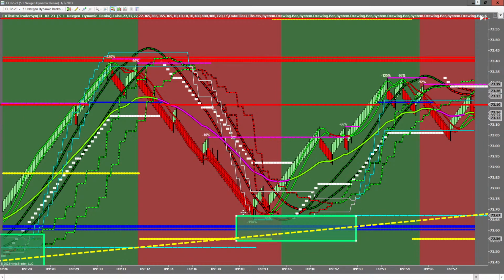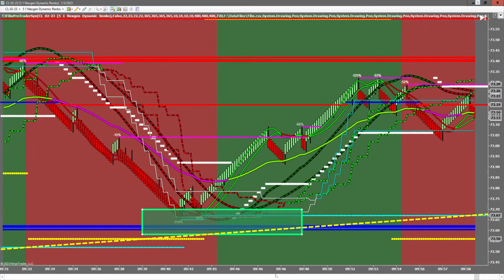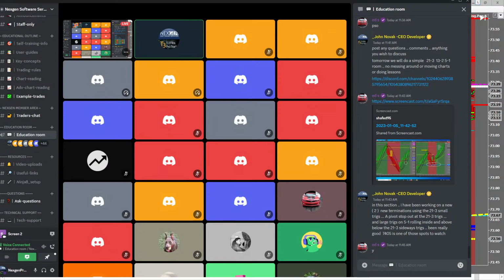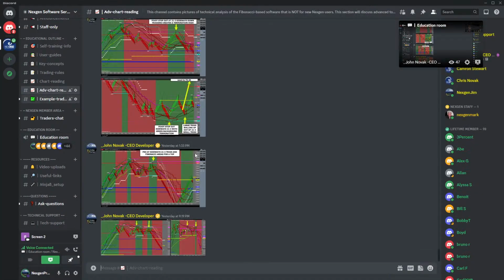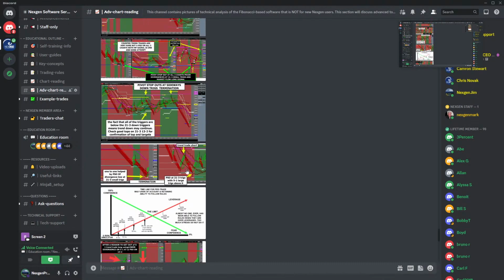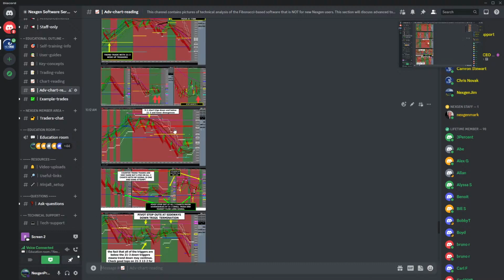These triggers will start to contain, and again, you can go through the advanced section in the room. I've put a lot of examples of this in there, the advanced chart reading. All of these examples that I put in here are using the 21-3 triggers.